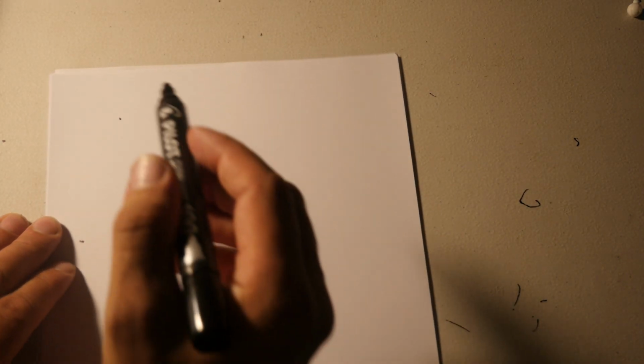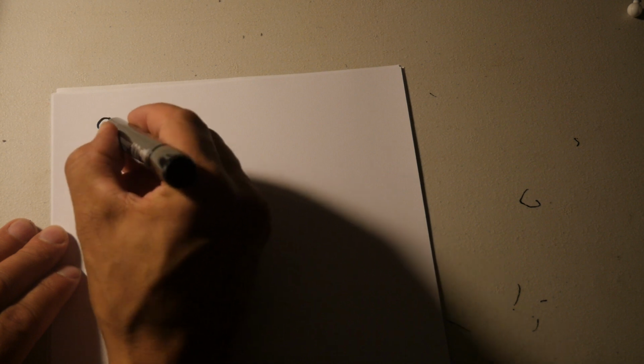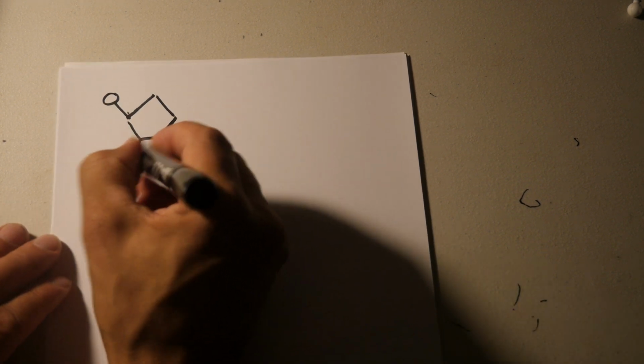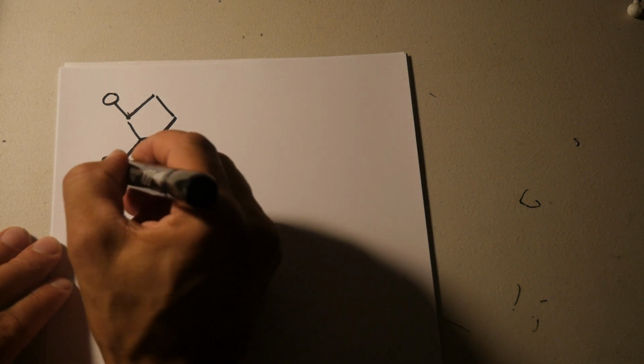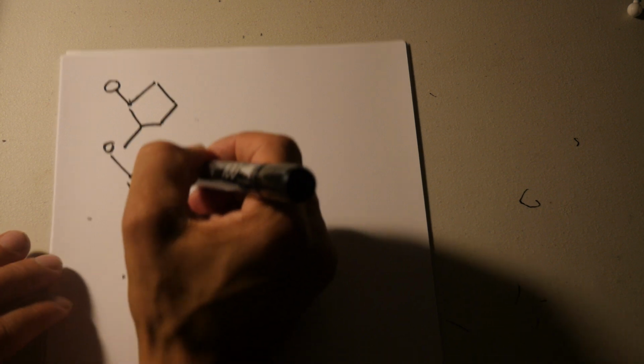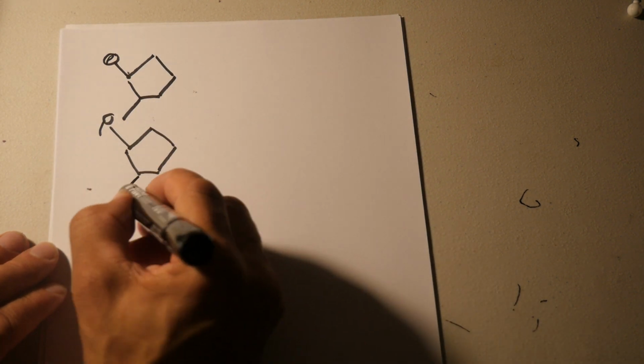So the actual structure of DNA can be drawn like this, with the phosphate.